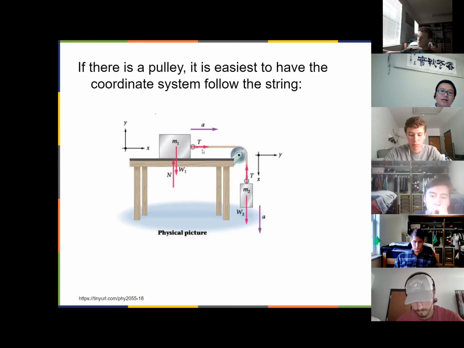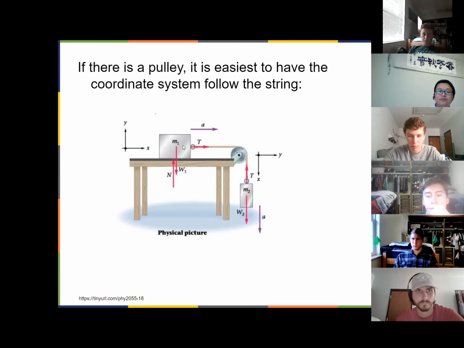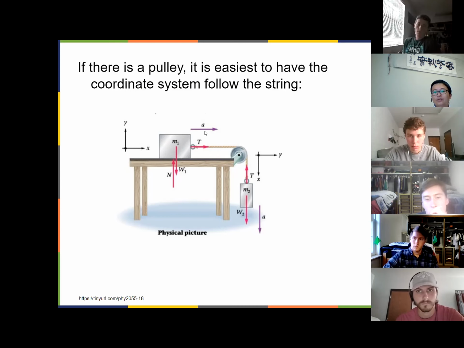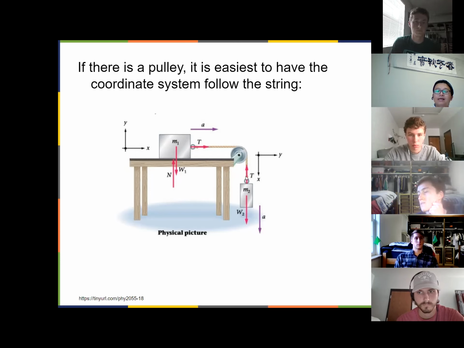Now, they do not necessarily share the same acceleration, because acceleration is a vector, but they may share the same magnitude of acceleration. The direction of the acceleration for these two boxes is different: one is in the horizontal direction, one is in the vertical direction, but their magnitude will be the same because they are connected. So their speed could be the same as well, although the velocities are not the same.